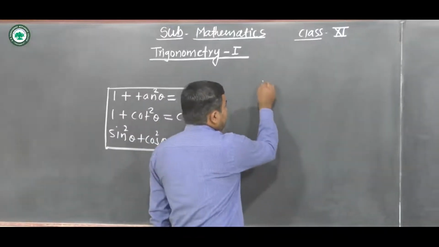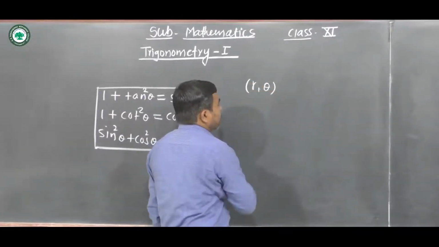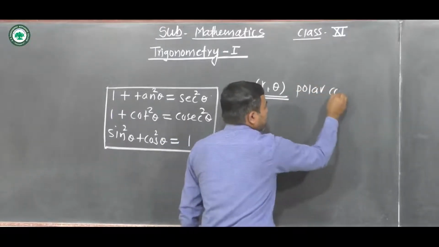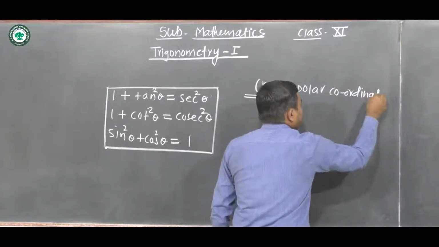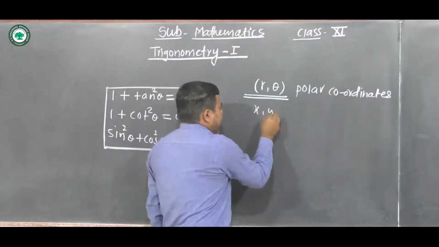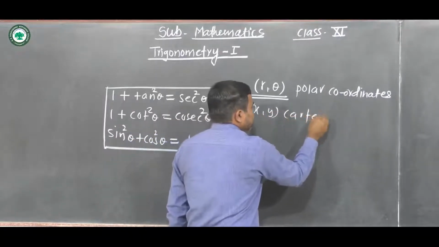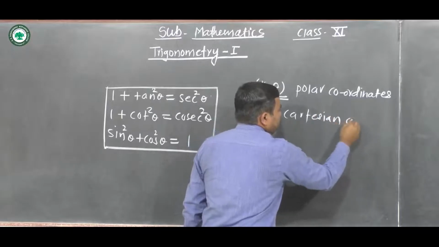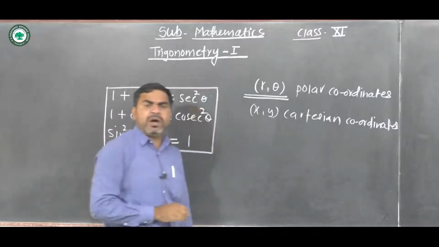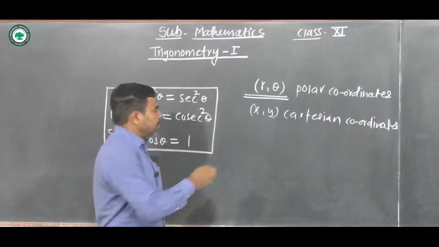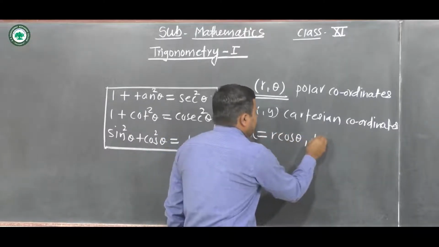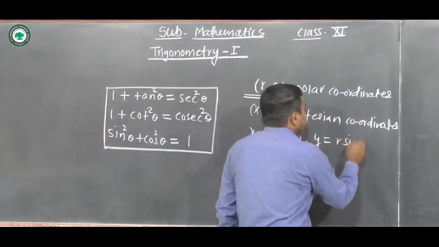See, if r comma theta are the polar coordinates of a point in the plane, and x comma y are the Cartesian coordinates, then we have a relation between them, and that relation is x is equal to r cos theta and y is equal to r sin theta.